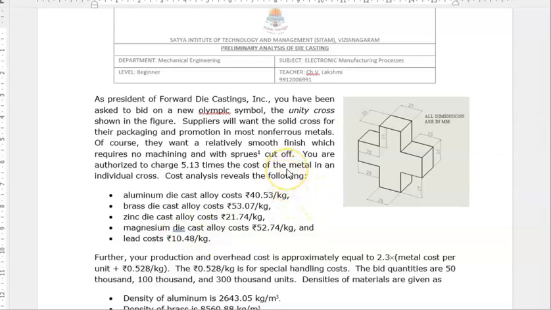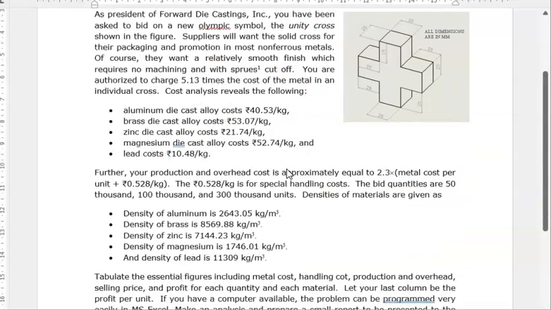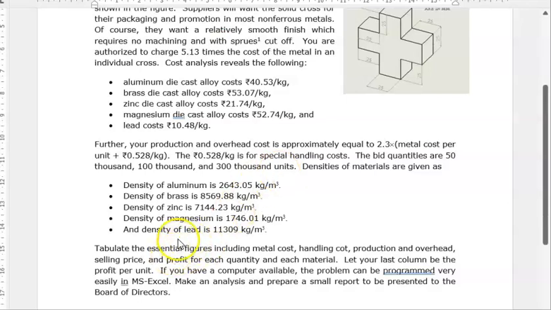Further, in the company Forward Die Casting, the production and overhead cost is approximately equal to 2.3 times material cost plus 0.528. If you go to a gold shop to get some work done, they would say this is the lost material cost.